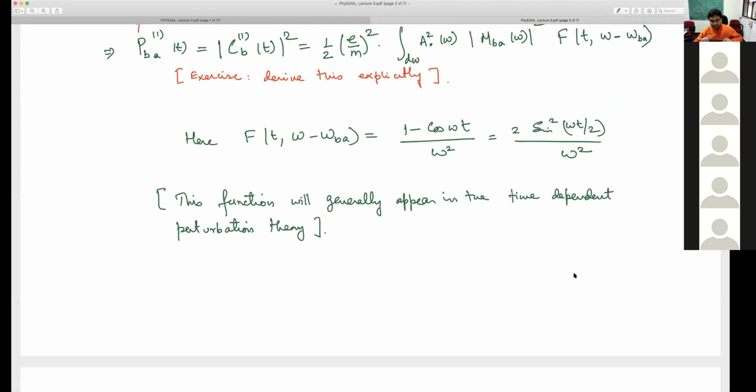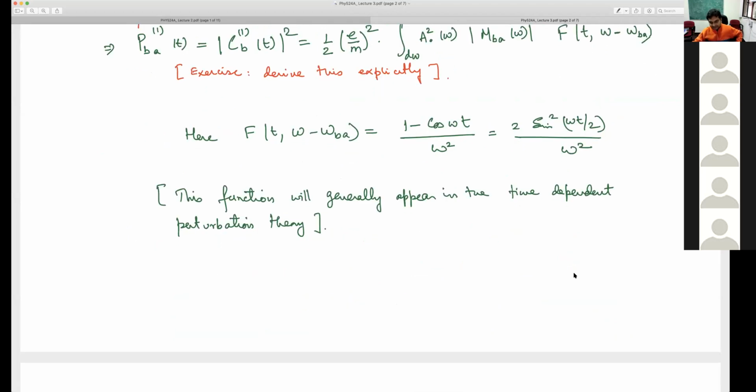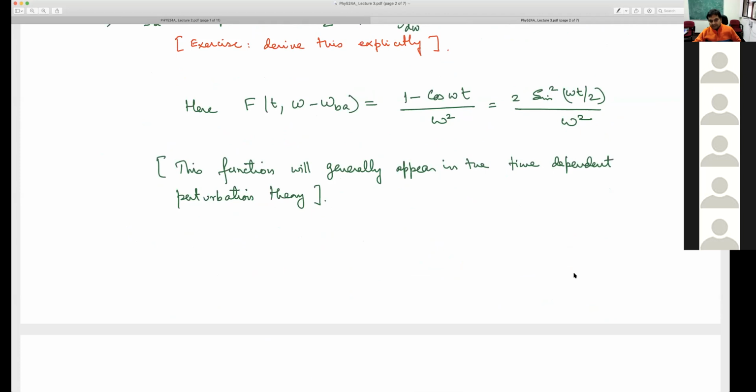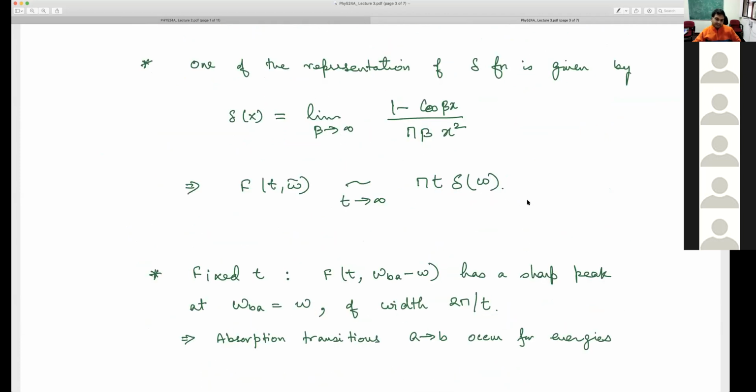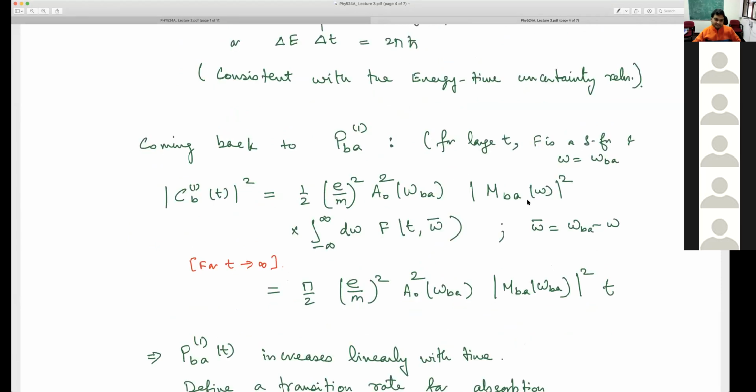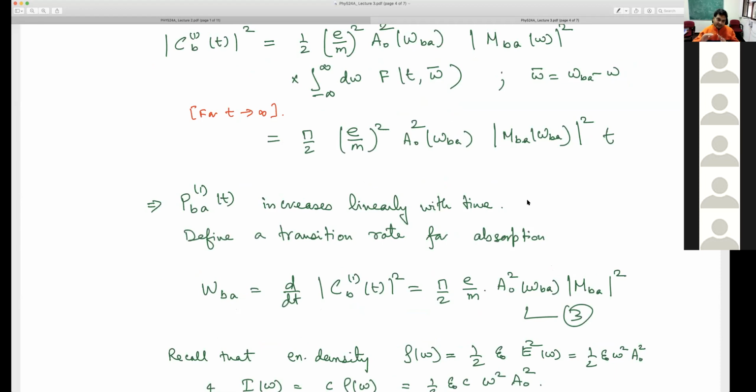If you solve it exactly, then you have more dynamics, but in the large time limit, in the simple case, you get just a pi t delta function. Using this, we showed that the probability of absorption in an atom keeps increasing.